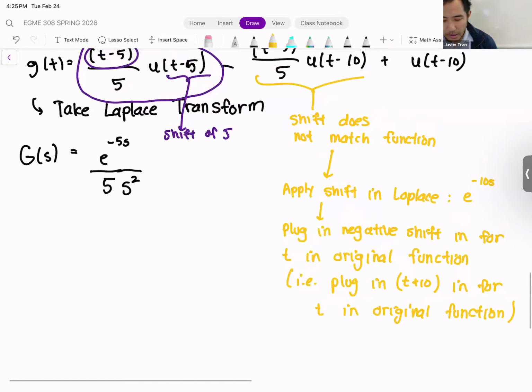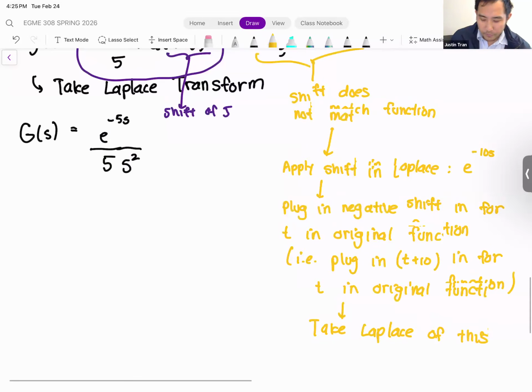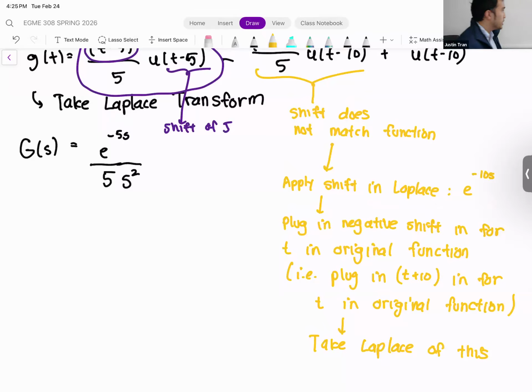Then whatever results from that, we can just take the Laplace transform of that. So it's a few steps, and that's why I listed them all out here. I know I made a mess, and I left the G of S hanging there, but we'll clean up in the end. Let's summarize this in the math, because that's what you're actually going to be doing.